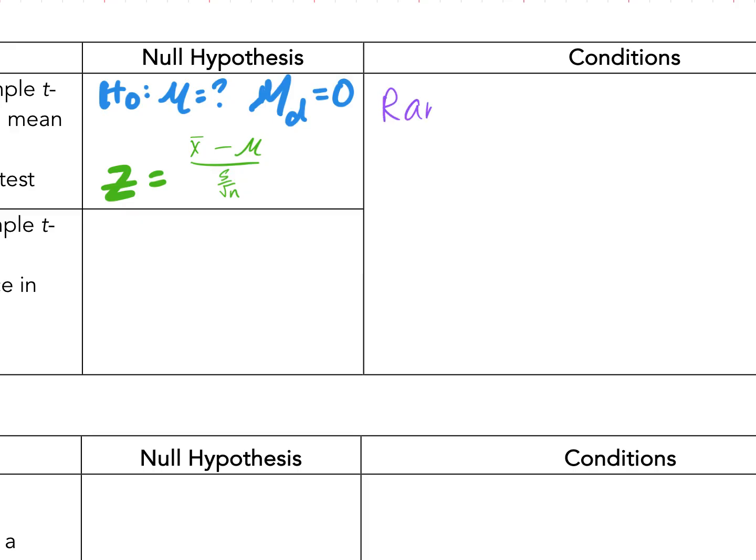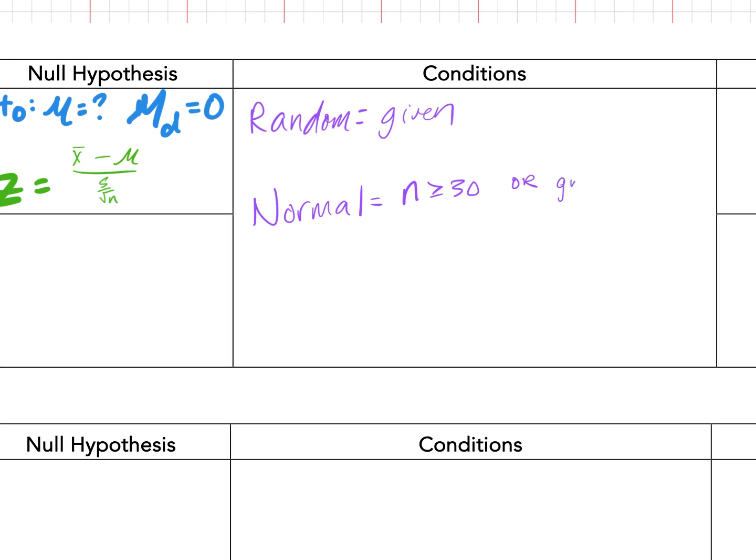Conditions. Is anybody shocked? Random. Normal. What was the normal condition for means? N is greater than or equal to 30, or graph of the sample shows no major skewness.